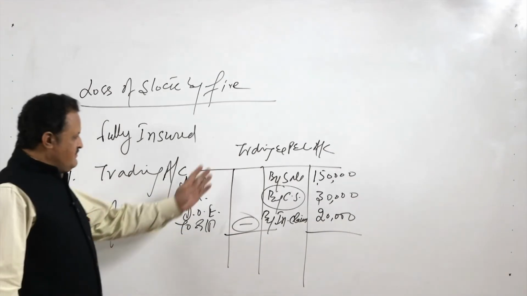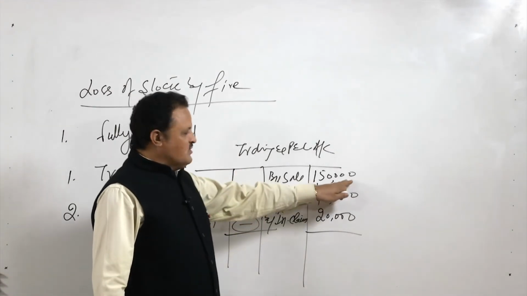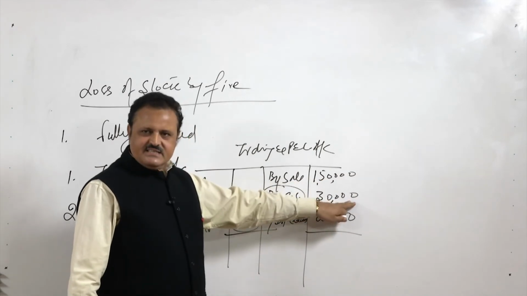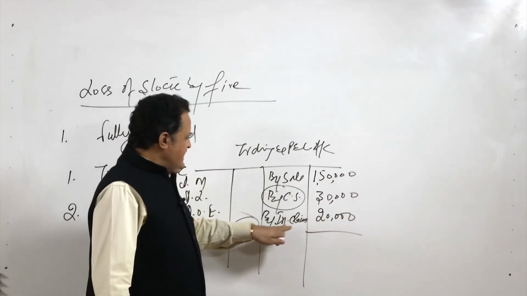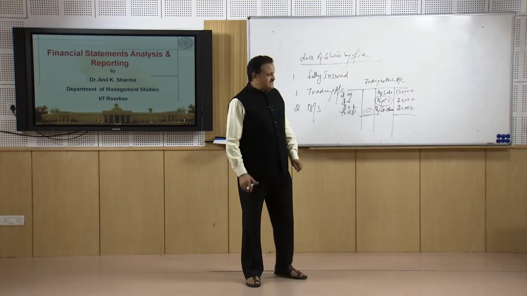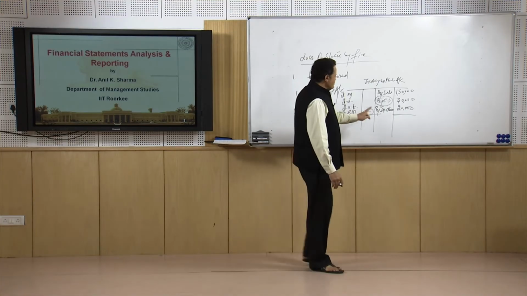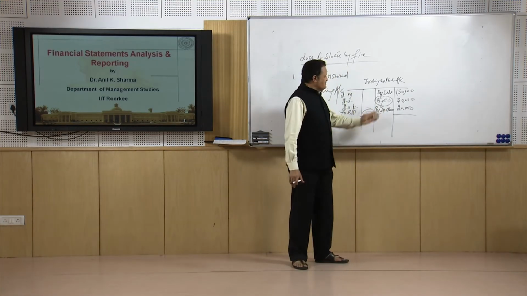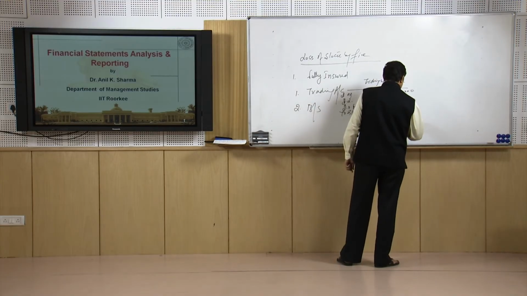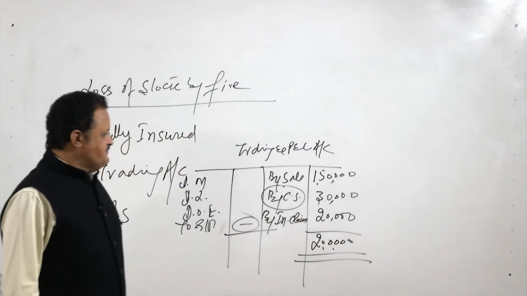It means we have now sold 150,000 rupees of goods, 30,000 of goods are now with us in the stock, which can be verified, and 20,000 rupees worth of the stock was destroyed, and that is going to be recovered from the insurance company. So, finally, we have the total balance of 2 lakh rupees here, and there is no loss actually to the firm, right?